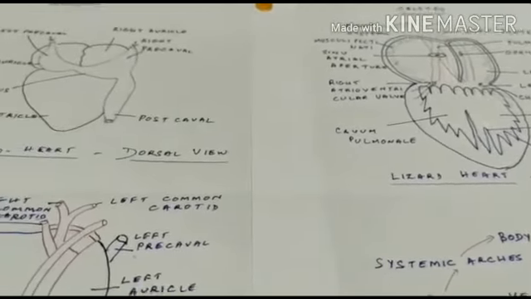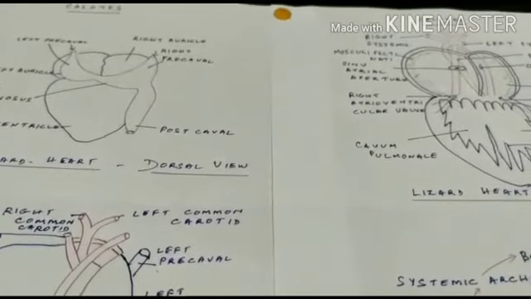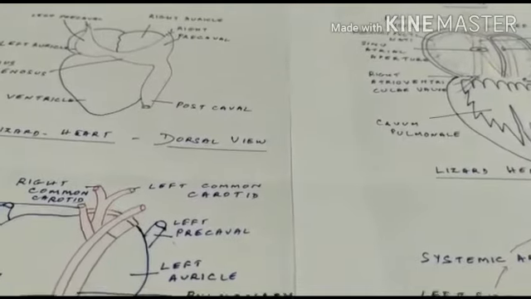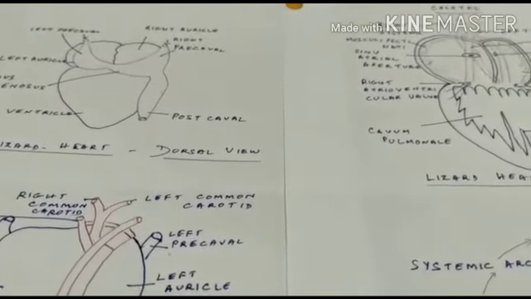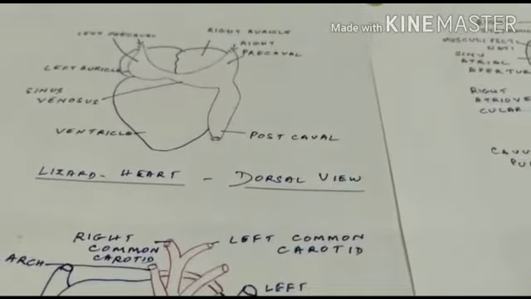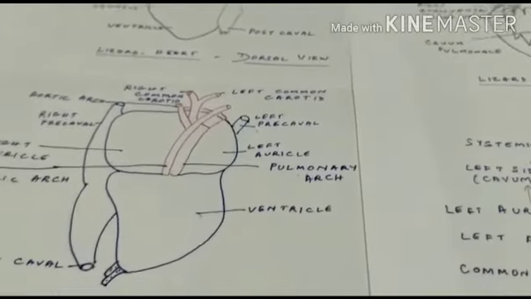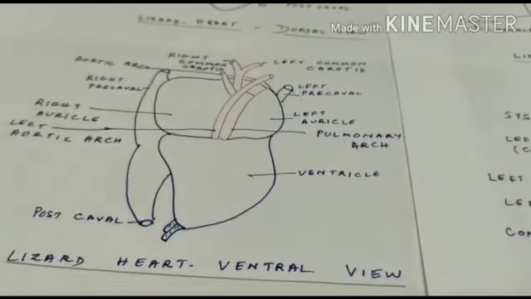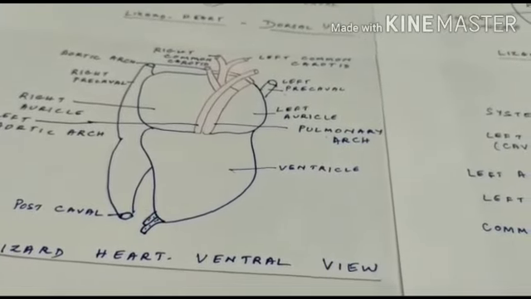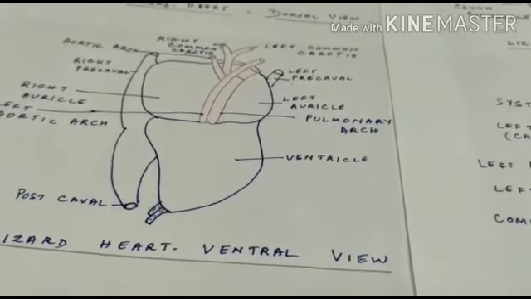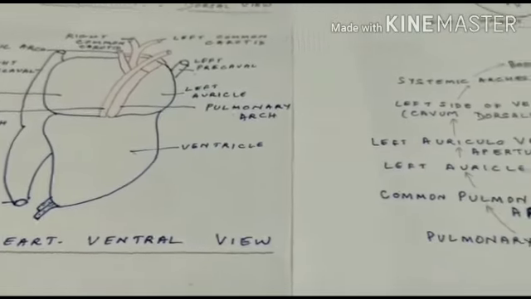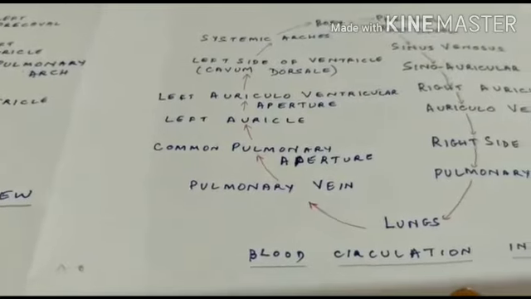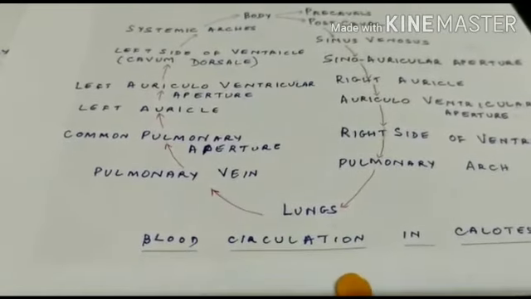Then we went over to the dorsal side of the heart, and we saw how the sinus venosus with its precavals and postcaval opens into the right auricle. Then we studied the ventral view, where the arches are present instead of the truncus arteriosus. And then we tried to understand how the blood moves around the various body parts.